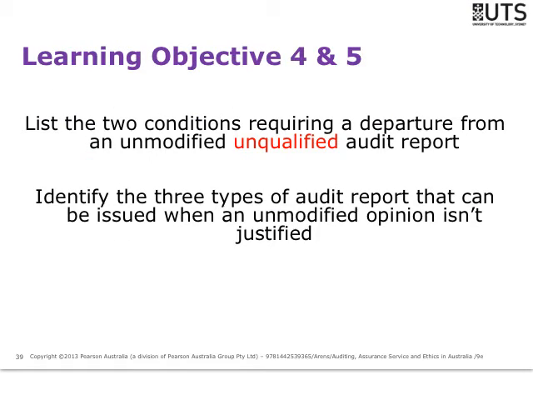Okay, learning objective 4 and 5. We want to talk about the two conditions requiring a departure from an unmodified or unqualified audit report. So when are we going to issue something that is not unmodified or unqualified? And we want to talk about the three types of opinion that we might have.